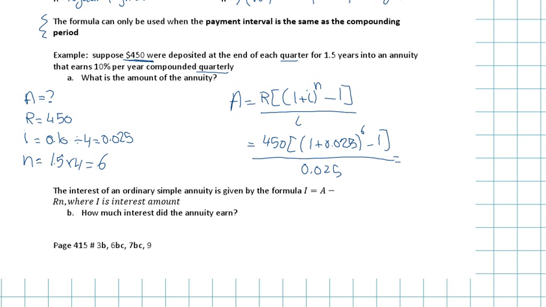When you find the answer, you multiply by 450. $2,874.50. That's right. So that is the amount at the end of my 1.5 years.